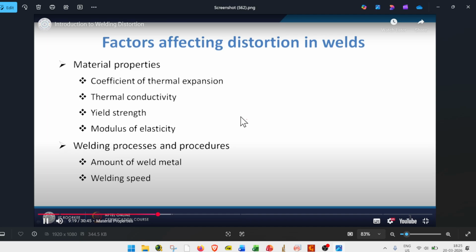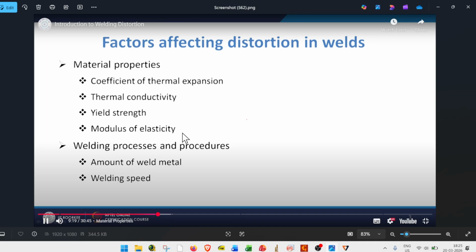Similarly, yield strength: if the yield strength is high, the amount of distortion will become more. Similarly, modulus of elasticity: if the modulus of elasticity or stiffness is higher, the deflection will become less, because if it is more stiff, it will be less prone to deflection.